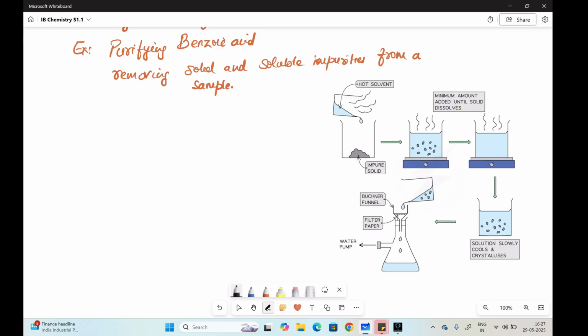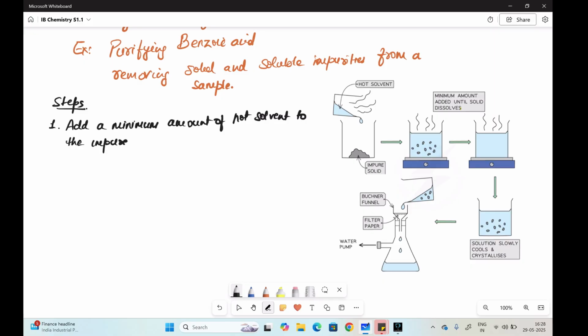So steps are also very clear here. Step first, add a minimum amount of hot solvent to the impure solid until it dissolves, right? So this is the first step.